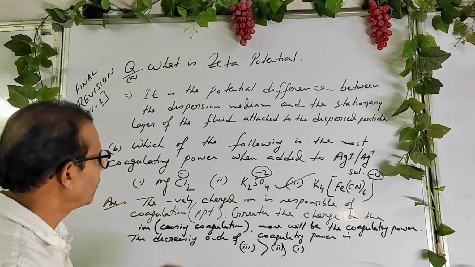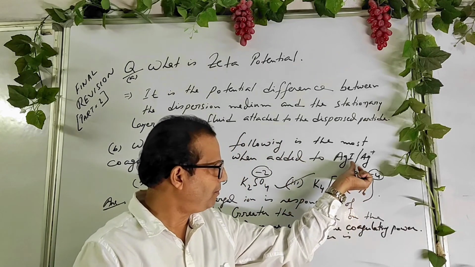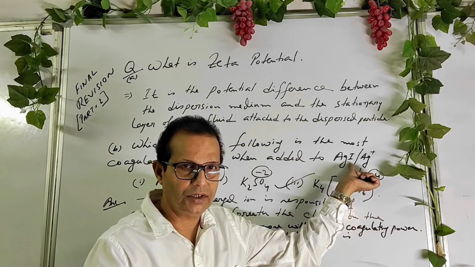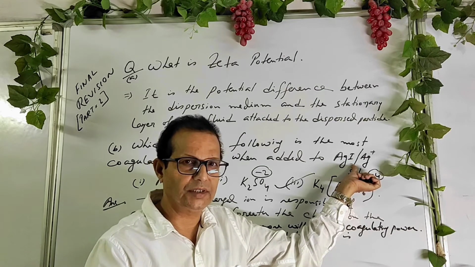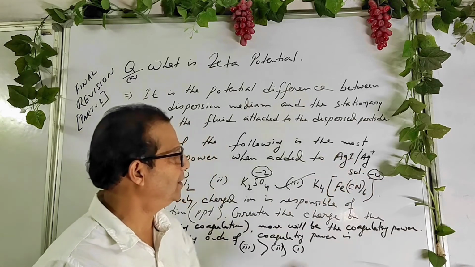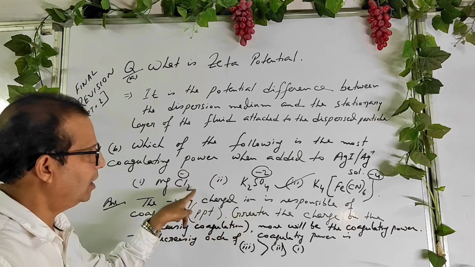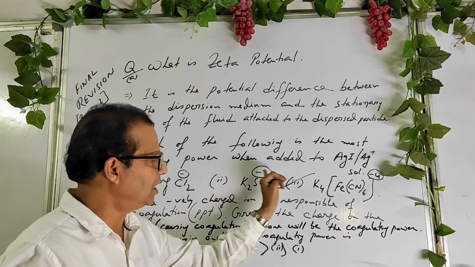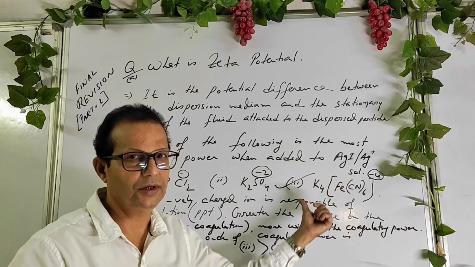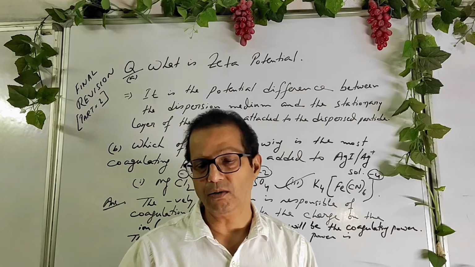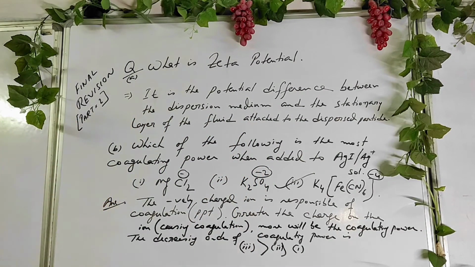So I think you understand one extra thing: if the colloidal solution possesses negative charge, then the positively charged ions are responsible for coagulation. Remember it, just opposite. Greater the charge, more will be the coagulating power. So see the answer of the first one.